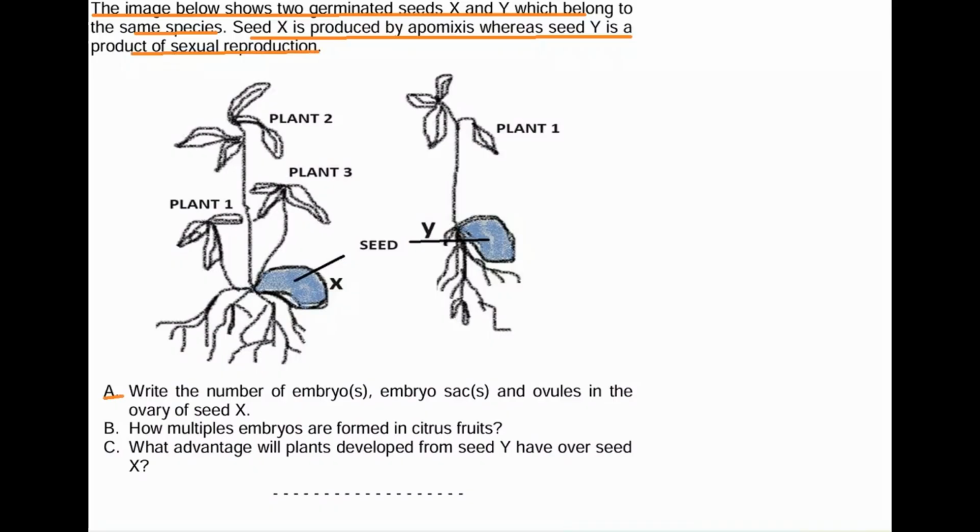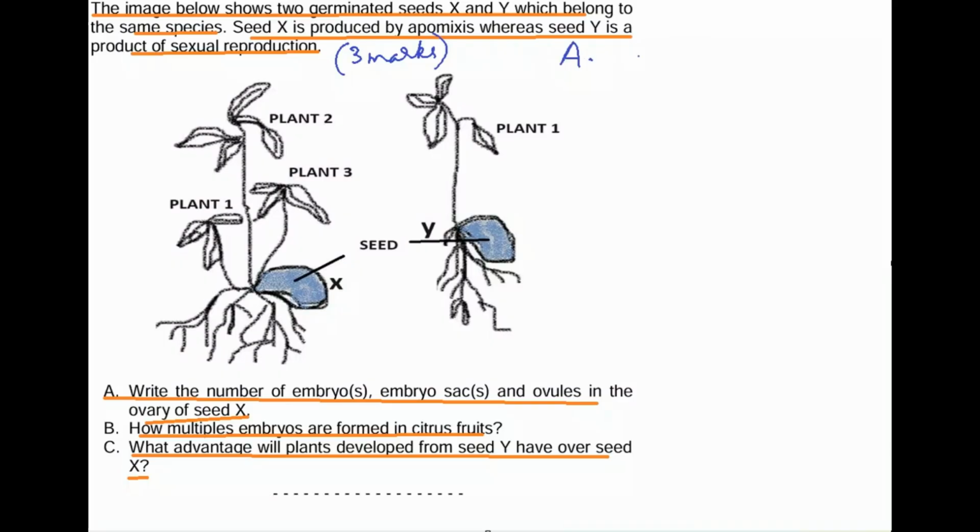The first part of the question, A, is write the number of embryo sacs and ovules in the ovary of seed X. Question B is how multiple embryos are formed in citrus fruits. Question C says what advantage will plants developed from seed Y have over seed X? And this question carries 3 marks.